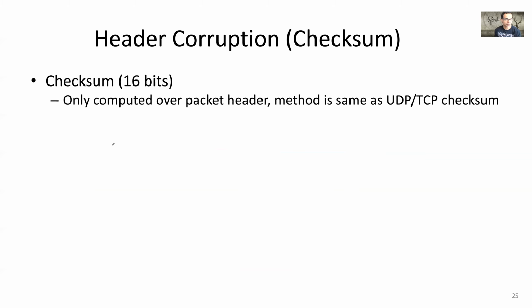Okay, so the next thing is, what if the packet itself is corrupted? Note that most packets, not all, but certainly most packets carried inside an IP datagram will be either TCP or UDP segments. And as we already discussed, in TCP and UDP there is already a checksum. That checksum takes care of the actual payload within the IP datagram.